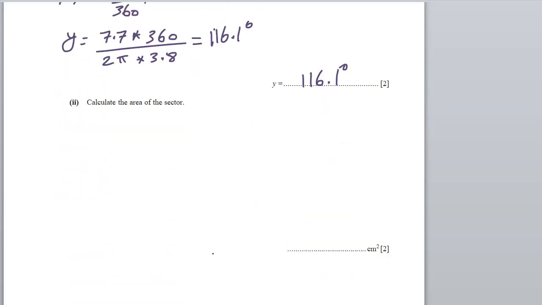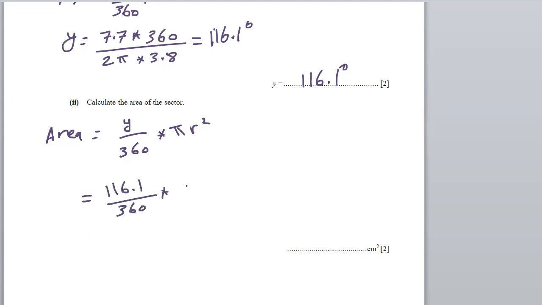Calculate the area of the sector. Area is equal to again y divided by 360 multiplied by pi r squared. So it will equal 116.1 divided by 360 multiplied by pi multiplied by 3.8 squared.